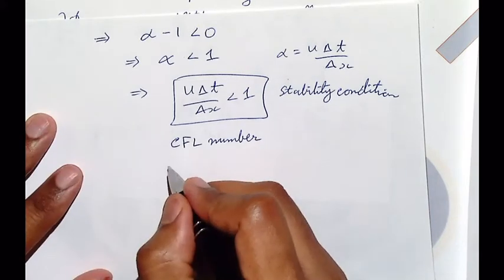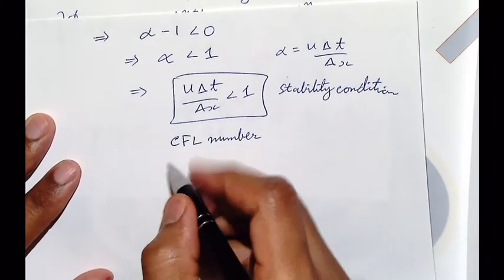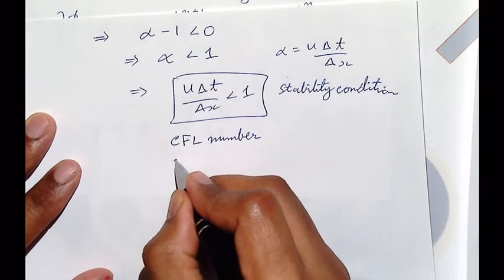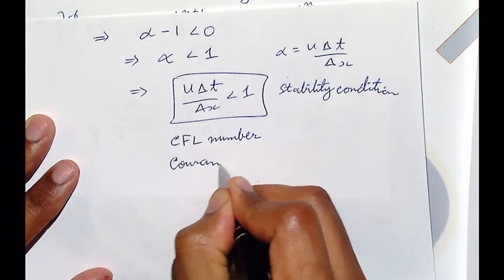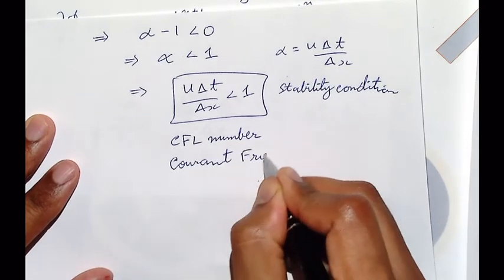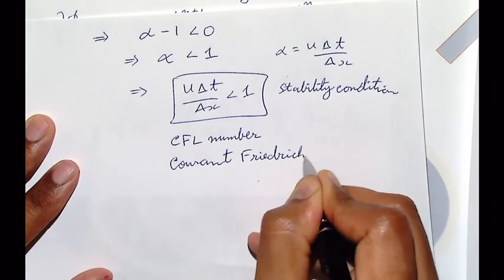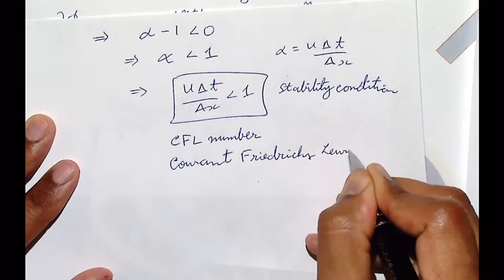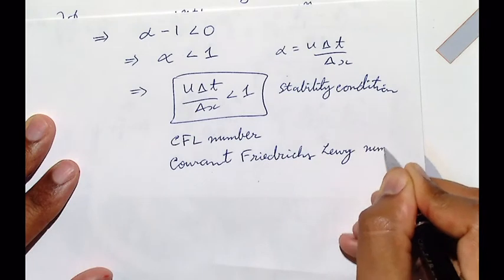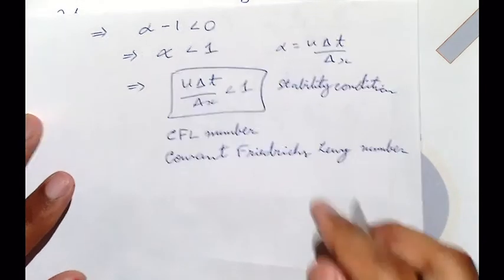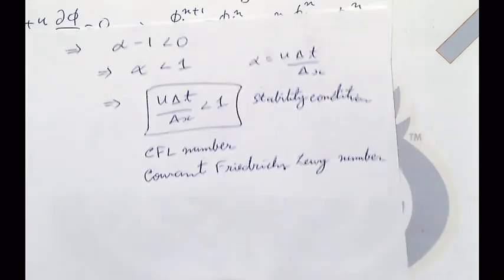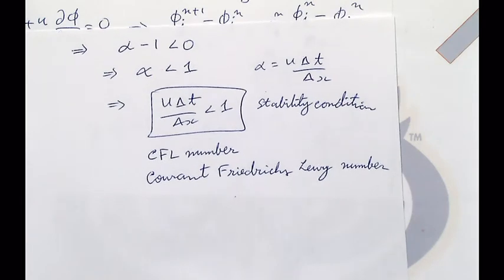In ANSYS, yes, there is. So the full name of this is Courant-Friedrichs-Lewy number. These are the 3 scientists that basically did this analysis almost 100 years ago.